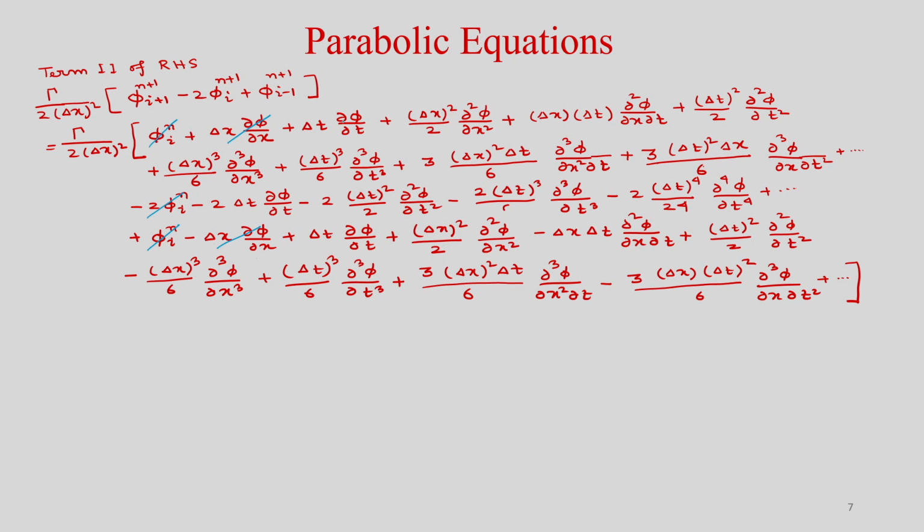Then you can see this is ∂x∂t and this, so this term and this term you can cancel. Then ∂φ/∂t, this is one term, this is one term, this is plus 2 and this is your minus. So these you can cancel.